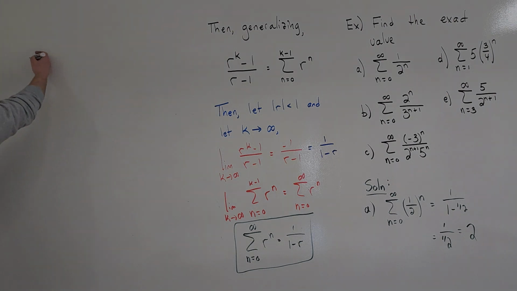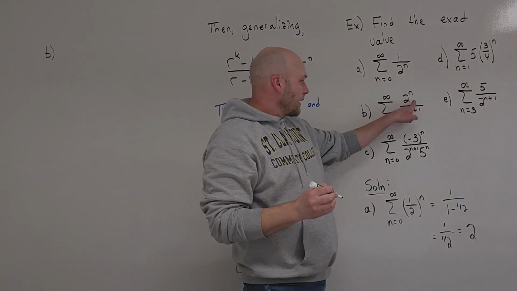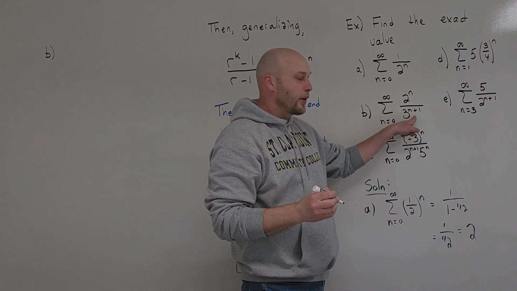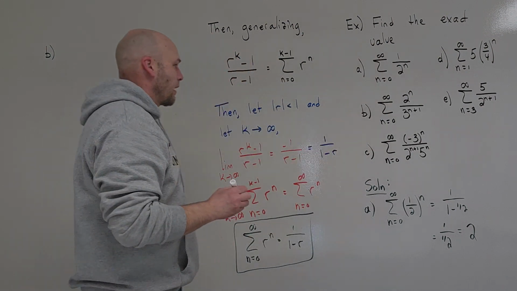Part B. I've got a 2 to the n on top, and then on the bottom I've got 3 to the n plus 1. What I'll do is write 3 to the n plus 1 as 3 to the n multiplied by 3.